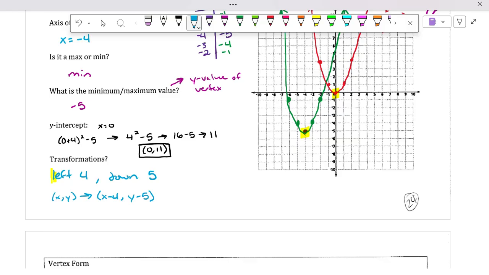What point did we end with? (-4, -5). What's the connection between that and the transformations we just did? It's the same thing. If we plugged in our original starting point (0, 0) and transformed it with 0 minus 4, 0 minus 5, it gives me my vertex. So your vertex form also gives you the function transformations. It tells you how it shifts.